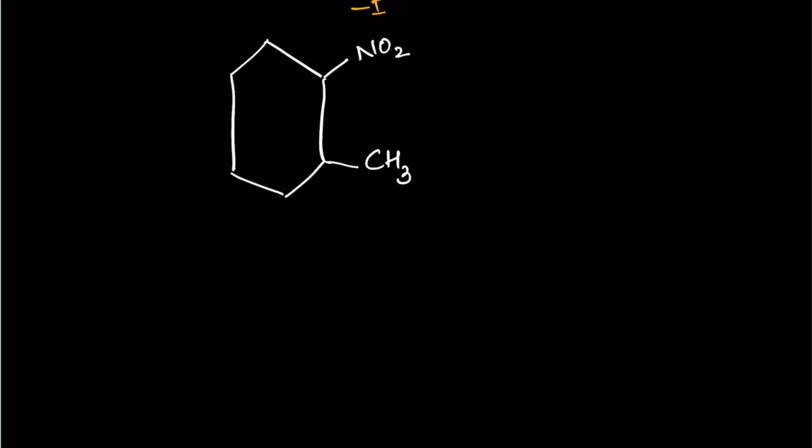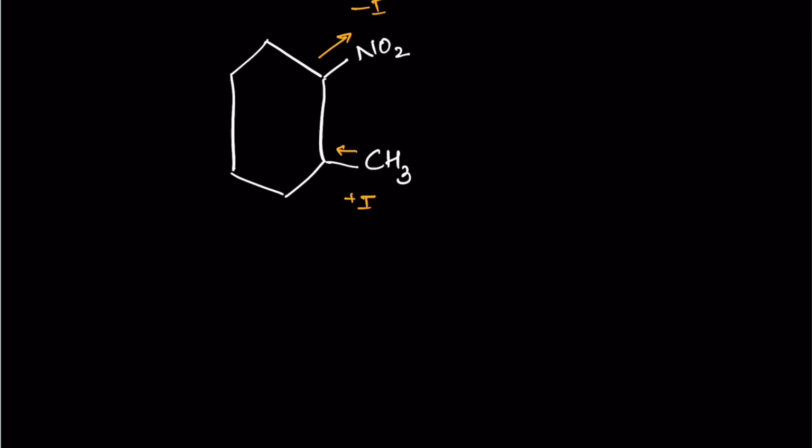Let's look at this problem. We have a cyclohexane and there is an NO2 group attached here and a methyl group attached here. What is the inductive effect for these groups? NO2 will show a -I effect because it will pull electrons towards itself, and CH3 will show a +I effect because it will push electrons towards the carbon.